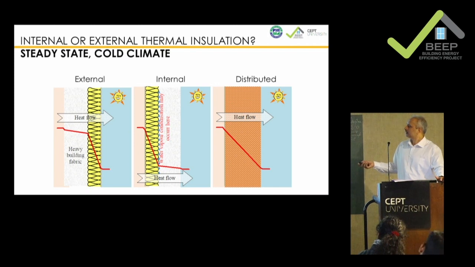If you put it inside, you will have a chance of a bit of condensation just outside the insulating layers, because the temperature has suddenly dropped, and there will be something which will condense the air. Versus if you have a distributed mass, which has high thermal mass, obviously it will take a while for heat to go out.